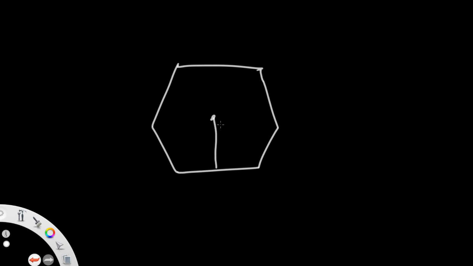So let's solve one last problem. We're given a hexagon with a side length of 8 inches. First we would connect the center of it to the vertex, and then 8 divided by 2 gives us 4.